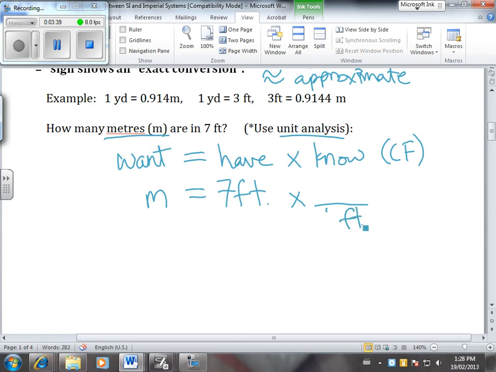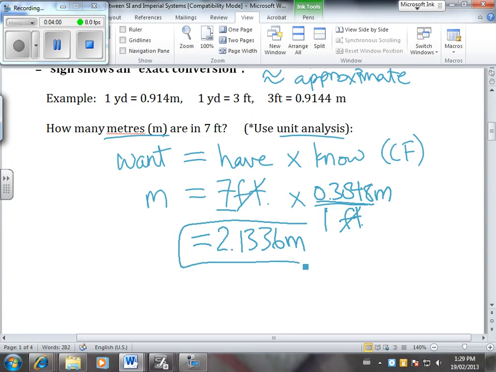So for every 1 foot, there is 0.3048 meters. My feet will cancel out. I'll multiply 7 by 0.3048, and I end up with 2.1336 meters. And that's how I convert between meters and feet.